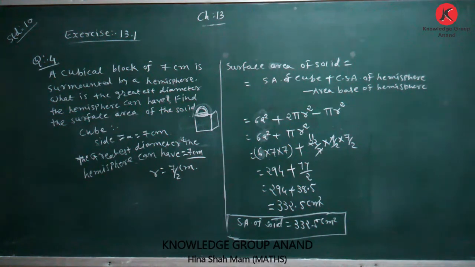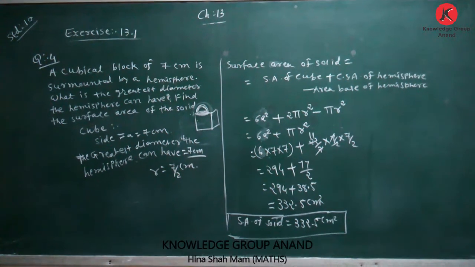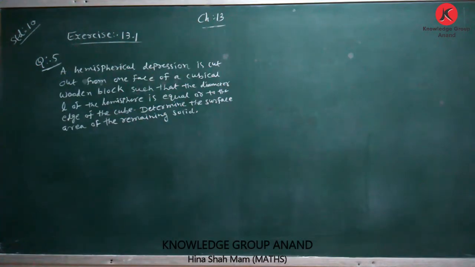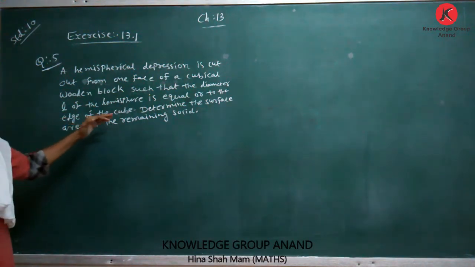You write this question in your notebook. Question number 5. A hemispherical depression is cut out from one face of a cubical wooden block such that the diameter L of the hemisphere is equal to the edge of the cube.